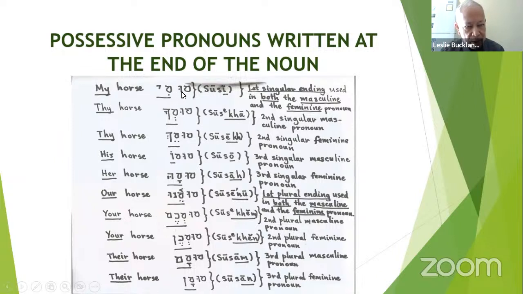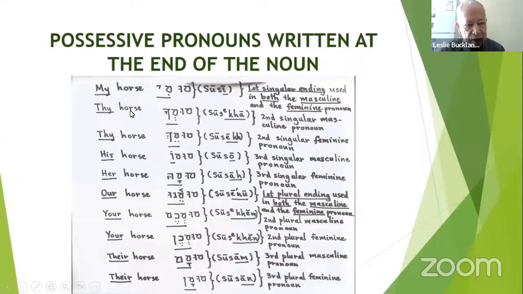My horse. This is the noun, sus, and this is the possessive pronoun, which shows whose horse it is. Susi, my horse.